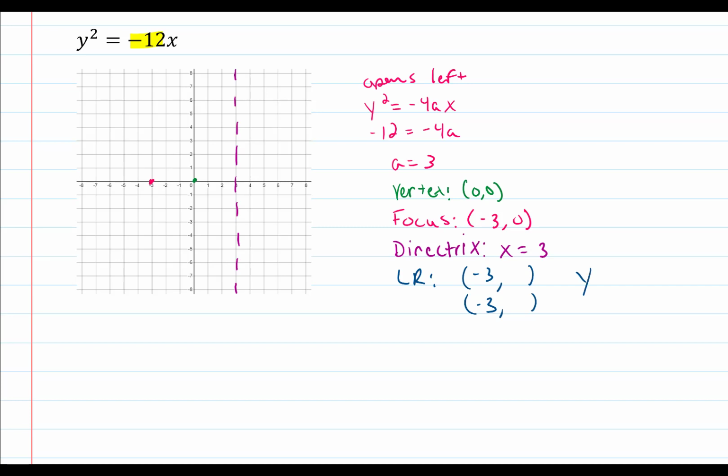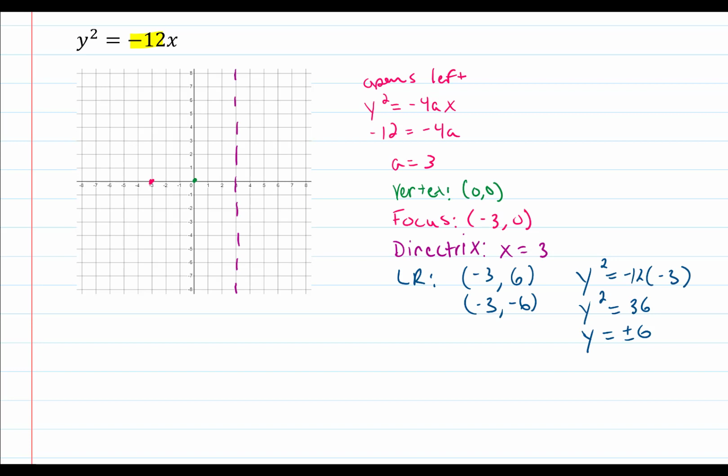So we will have y squared is equal to -12 times -3. Solving this equation for y, we'll have y squared is equal to 36 and y is equal to plus or minus 6. Which means the endpoints of the latus rectum are going to be (-3, 6) and (-3, -6).